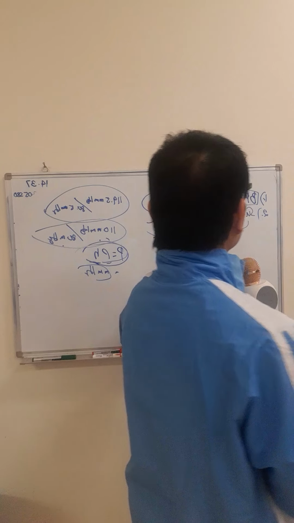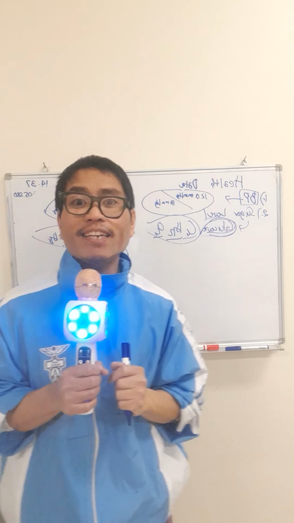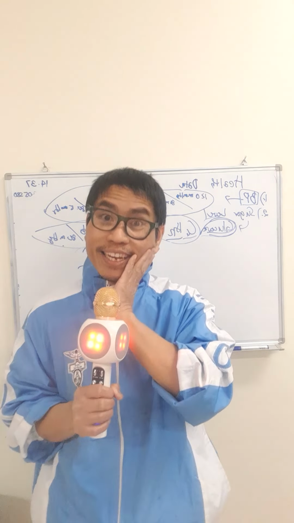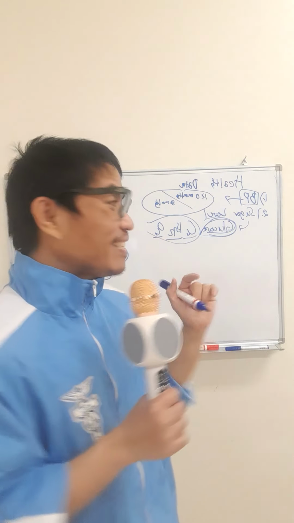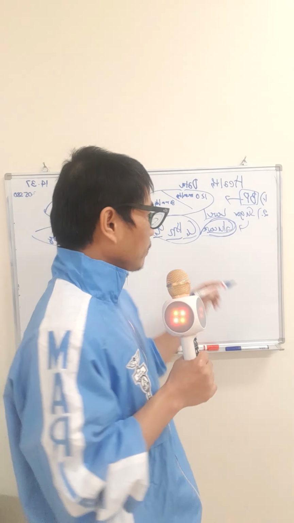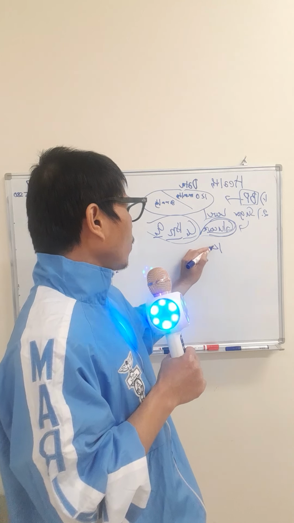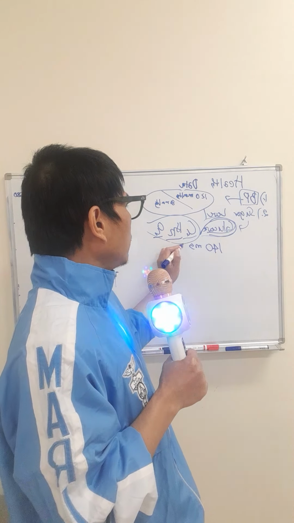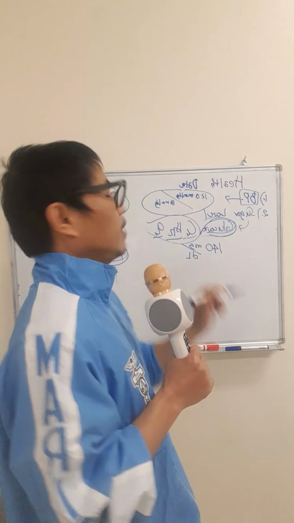So this is the sugar level. Now, what is the limit for a normal individual? It is going to be less than 140 milligrams per deciliter. This is the unit.